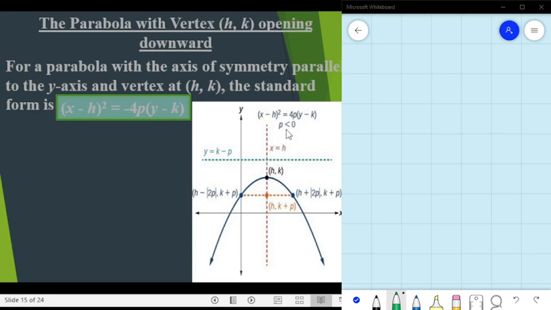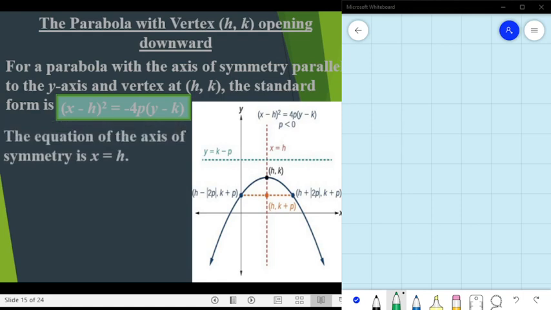So your p here is lesser than 0, that's why mahimo siyang negative 4p opening downward, and then parehas gihapon ang imong axis of symmetry nito sa opening upward, and then ang imong directrix is mo minus ka og p kay mo plus ka dere og p sa imong focus.